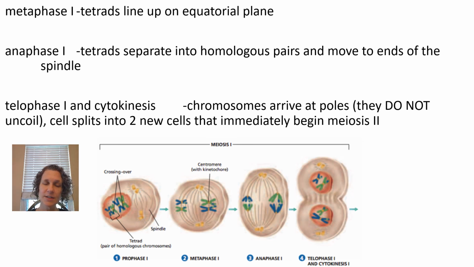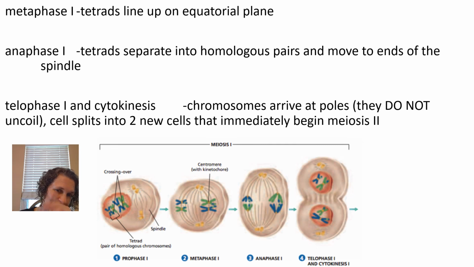In anaphase, the pairs of X's now get separated, and so you have homologous pairs that get separated from each other, and they move to the ends of the spindle, so they go from being close together to far apart. And then you have telophase 1 and also some cytokinesis.